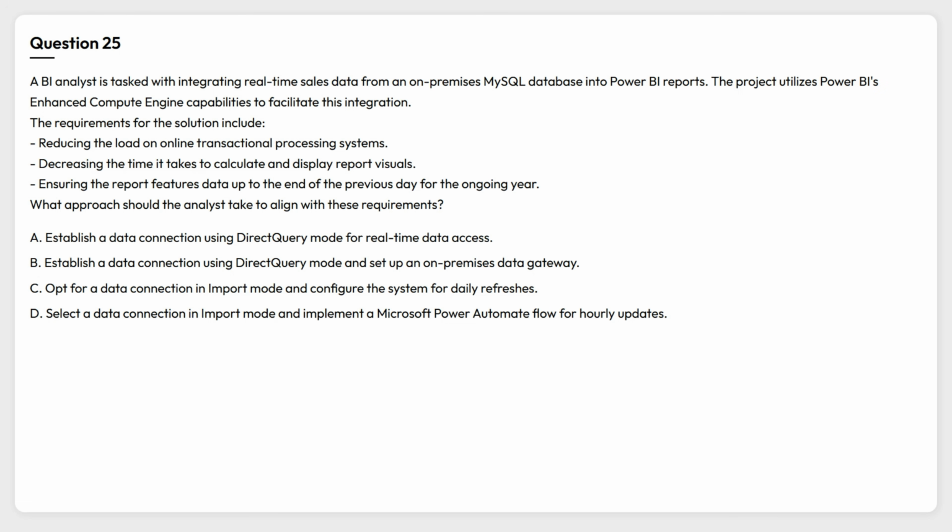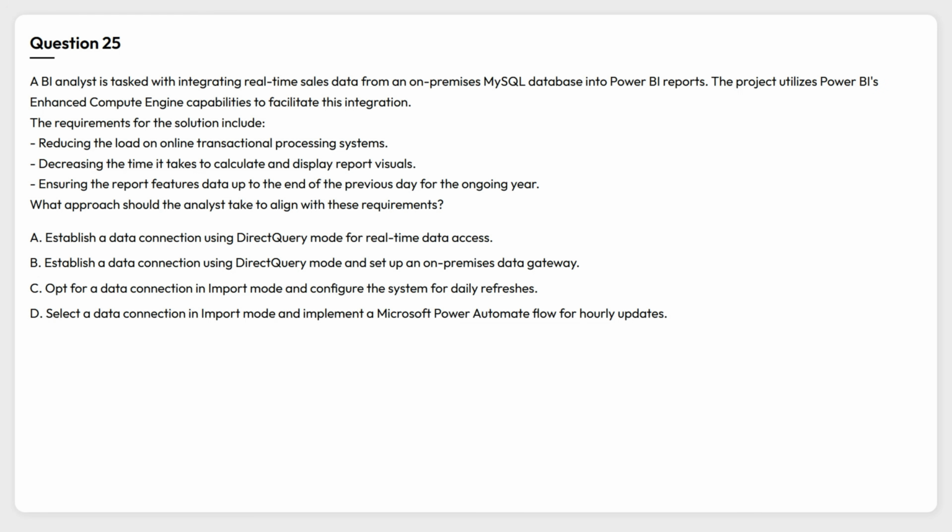Which approach should the analyst take to align with these requirements? Option A. Establish a data connection using DirectQuery mode for real-time data access. Option B. Establish a data connection using DirectQuery mode and set up an on-premises data gateway.